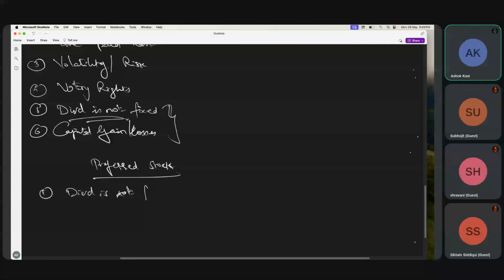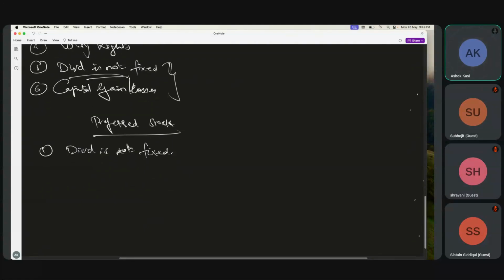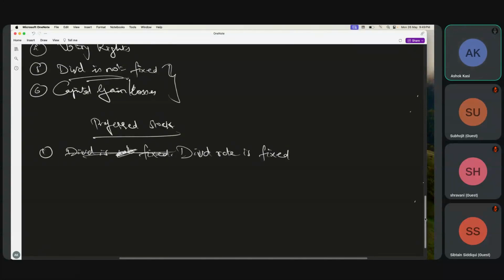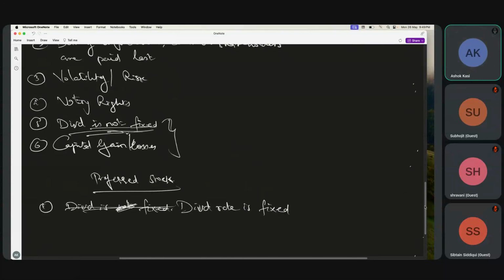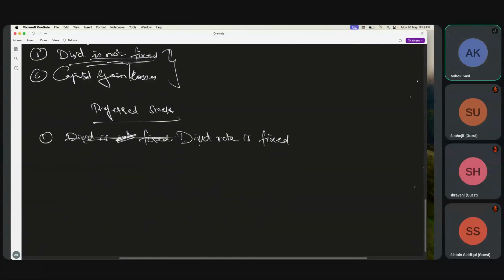No, sorry, it's rather dividend rate is fixed. In equity, dividend is not fixed, right? So in preference shares, dividend rate is fixed.